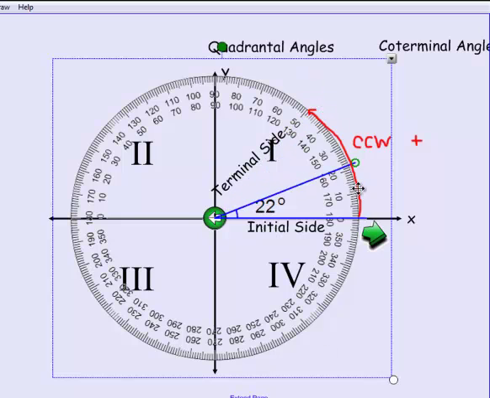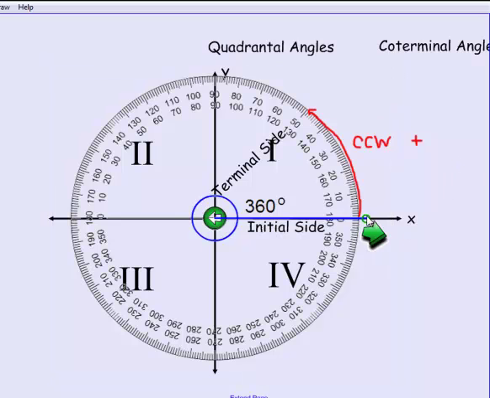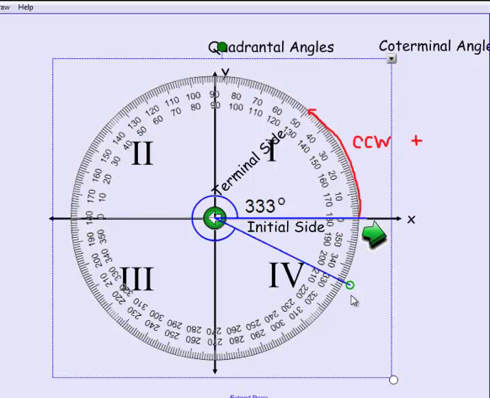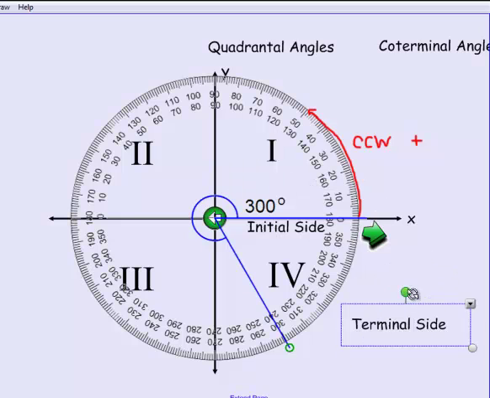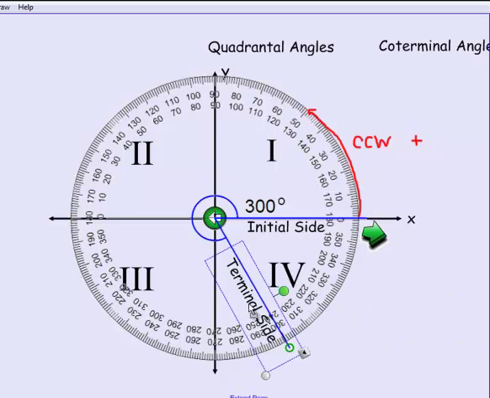Now our angles don't have to move only in the positive direction. They can move in the negative direction. That's if I were to start my initial side here and move backwards. So this would be my terminal side right here. Notice that my protractor always gives me my positive answer. Because it's the smartboard, it's meant for general use, I really should find a protractor somewhere that shows negative measurement.